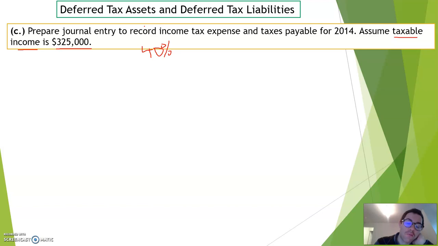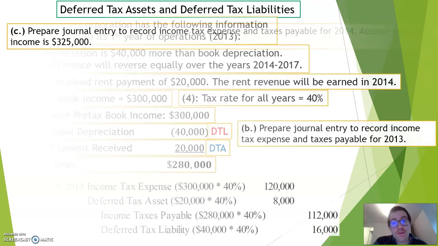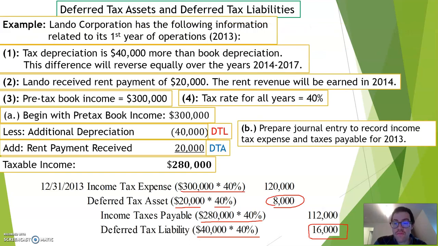How are we going to get that? Well, let's start with 325 and convert it. The only thing I know for sure, going back to the last slide, is that the difference in depreciation is going to reverse equally over the next 4 years. So $40,000 reversing equally over 4 years, that's $10,000, $10K per year.